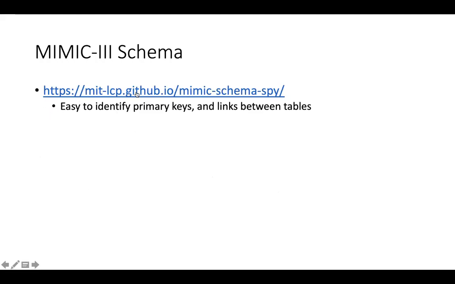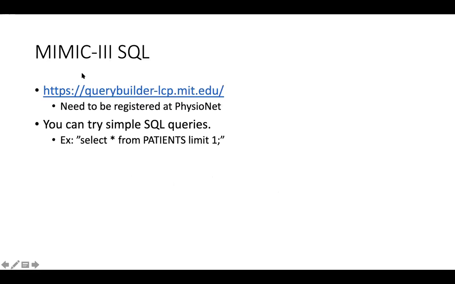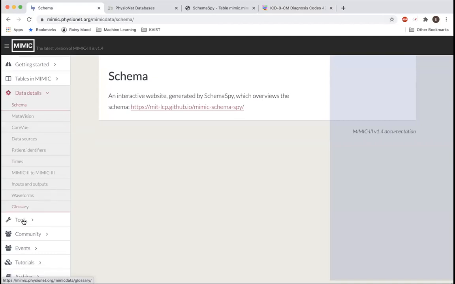So, additional information: we already took a look at the schema explorer. Another thing is something called query builder. It's an online platform where you can explore the MIMIC-3 dataset using SQL queries. So actually, we can do this again. Query builder, where's my... here it is.